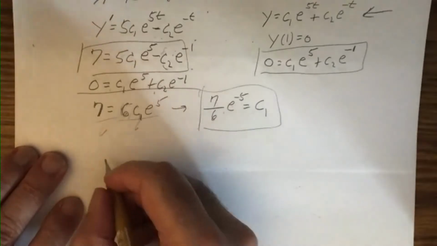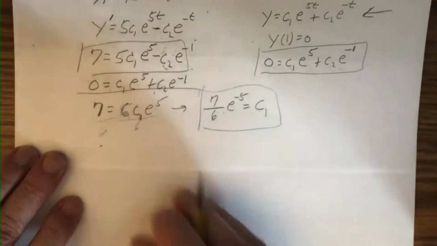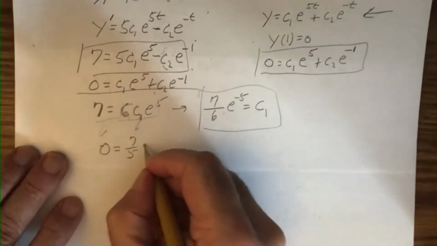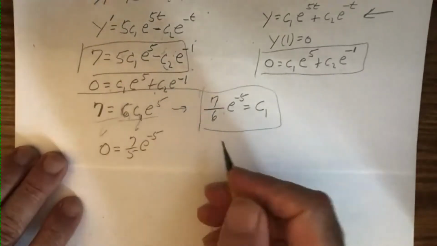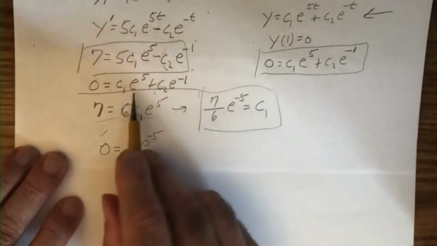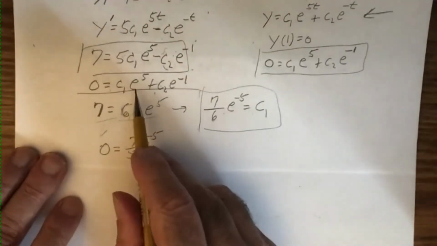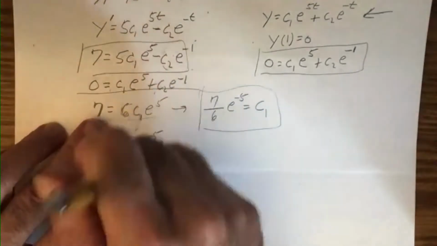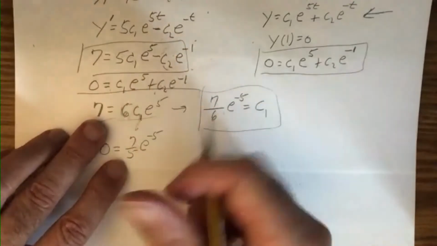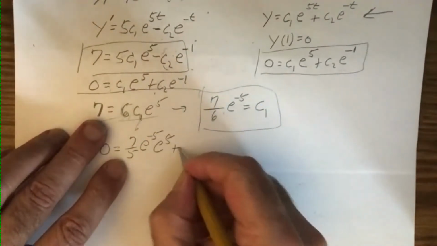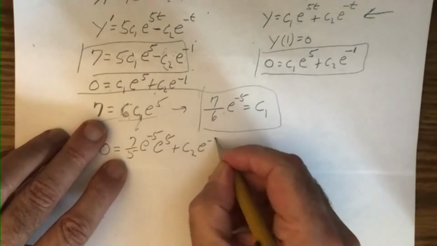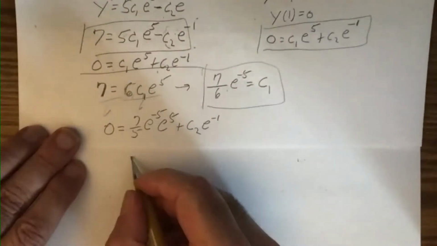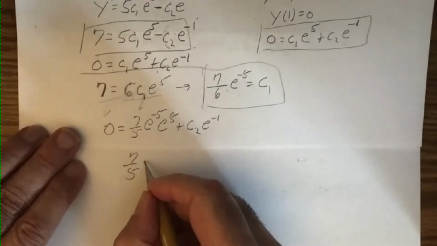So this is going to be 0 is equal to 7. And here I've got e to the 5th. Let me put it in. I don't know if I did it the same way.